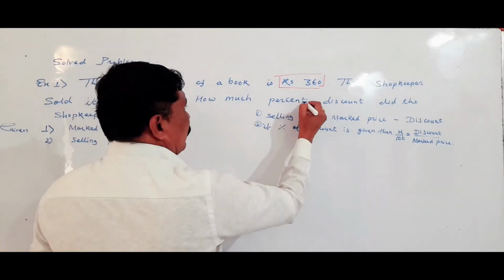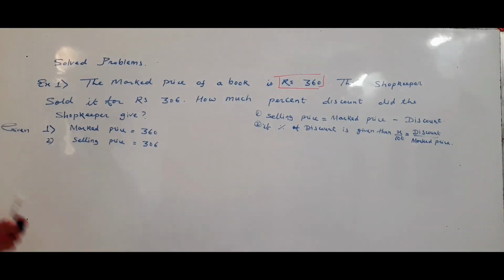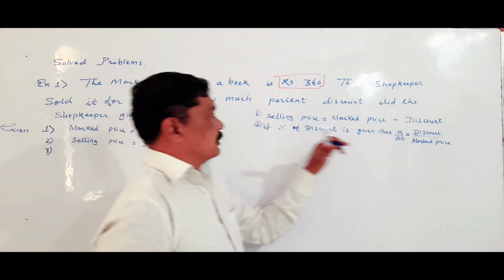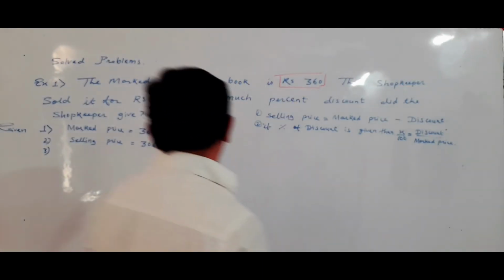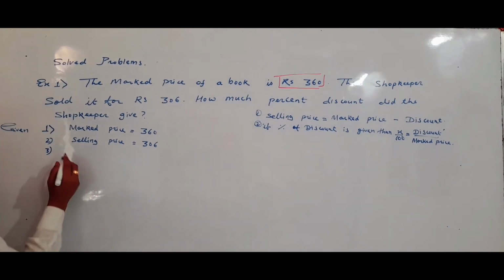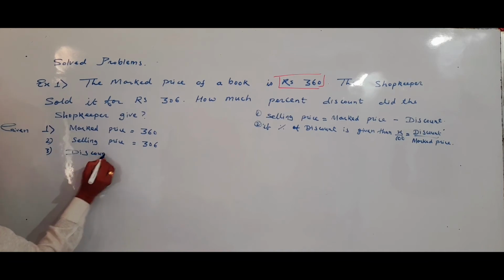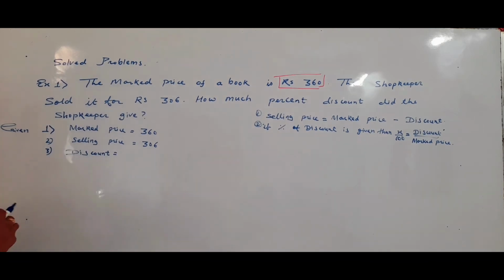We have to find the percentage of discount. But in order to find the percentage of discount, we should know the discount. Discount, we don't know. From the discount, then we can find out the percentage of discount.